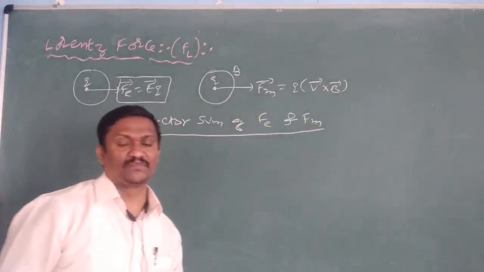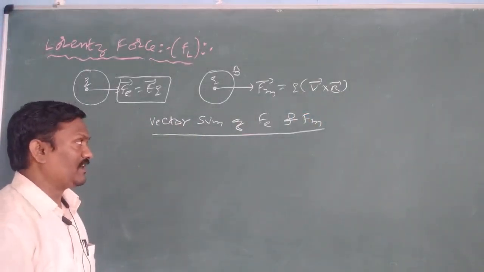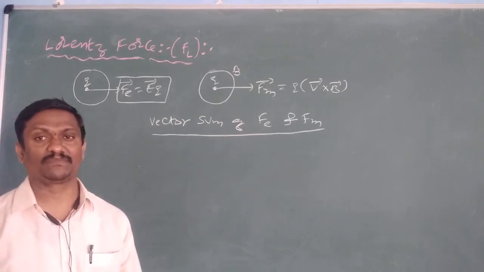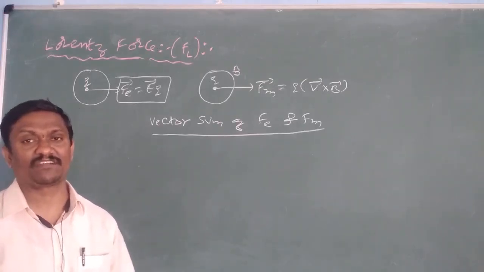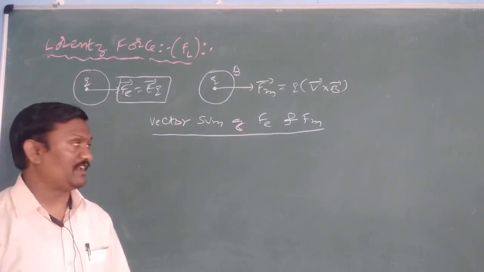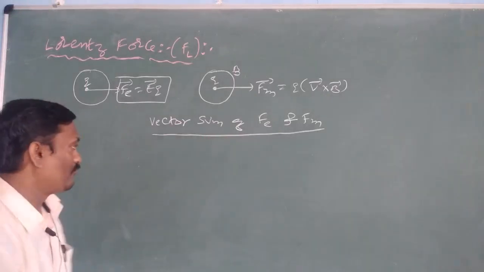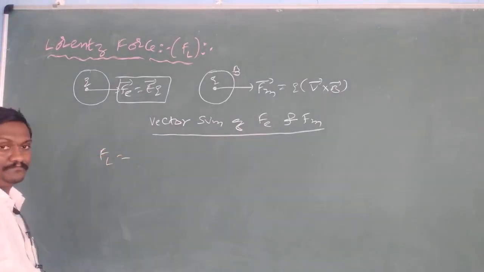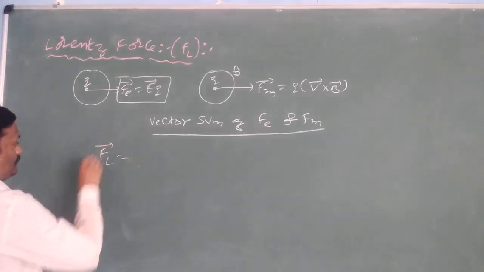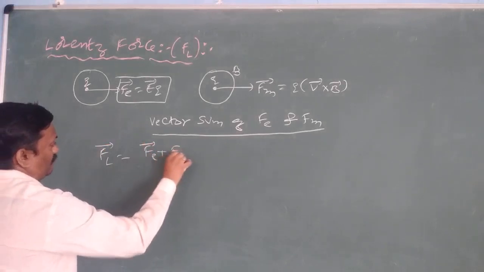Since force is a vector quantity, we have to take the vector sum of electrical force and magnetic force, which is called the Lorentz force. The symbol of the Lorentz force is FL, a vector, the vector sum of electrical and magnetic forces.